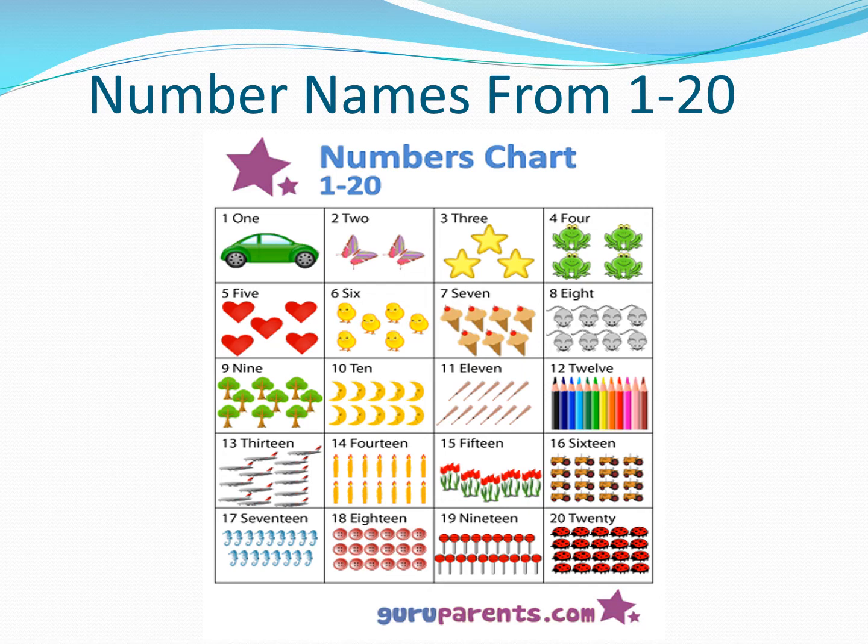First, we will revise the concept of number names from 1 to 20. On this slide, you can see many small pictures for each number. We can take one example. How many hearts can you see on this slide? 1, 2, 3, 4, 5.